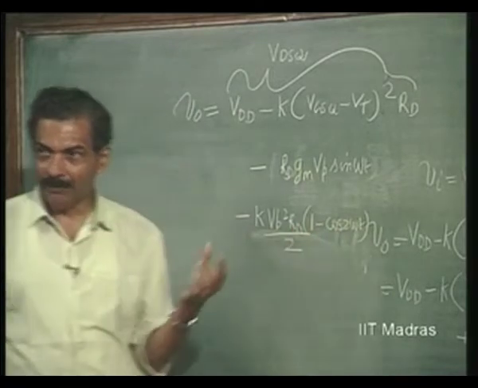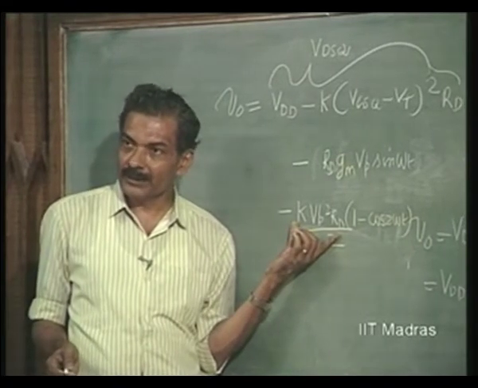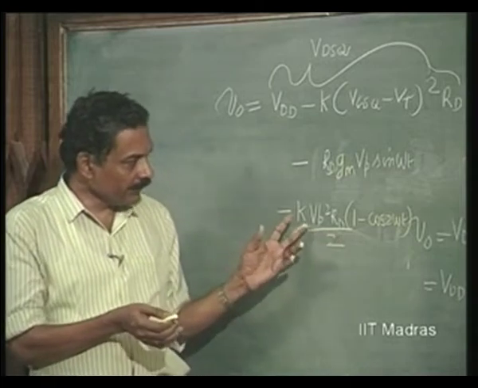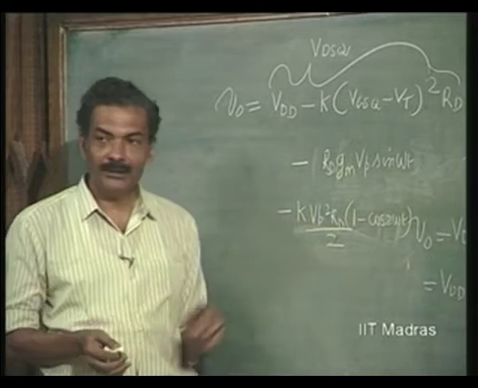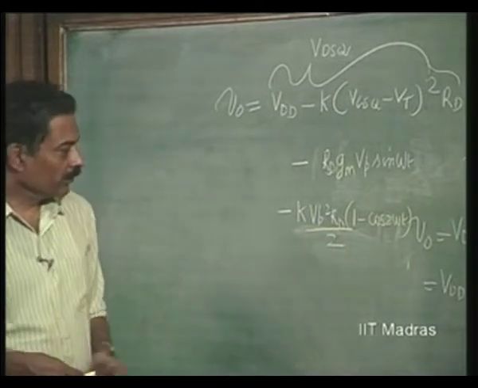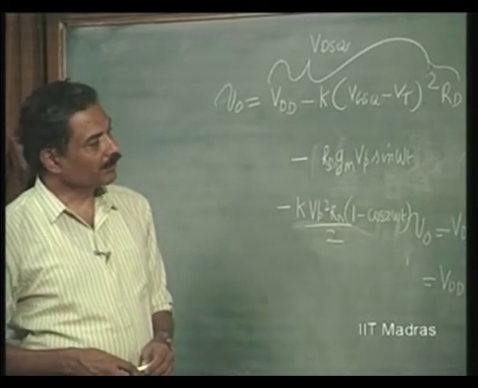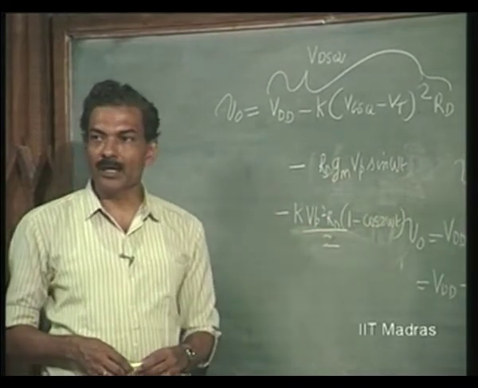So, you can quickly measure the extent of this experimentally, by finding out the shift in DC component, which is minus k Vp squared Rd by 2. This is something that you can in an experiment do very easily and find out what the second harmonic distortion is.